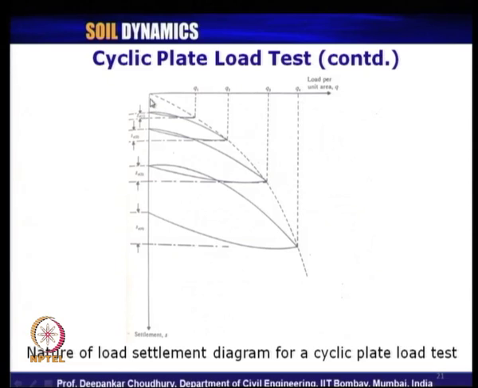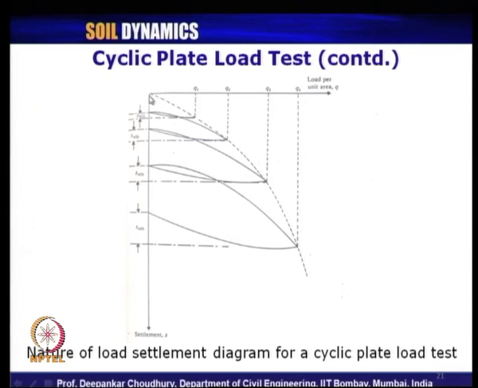So, what does it mean? When we are applying a load here and then taking out the load completely, whatever settlement remains is the settlement with the load applied, say small q1 was this much, and after taking out the load, the soil has come back to this settlement. What does it mean?